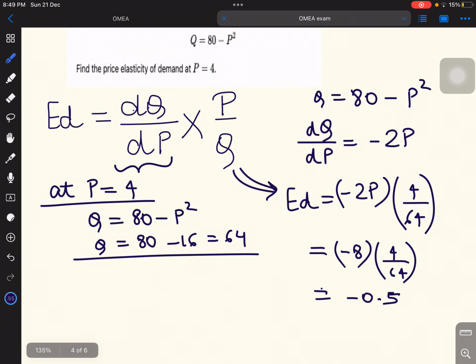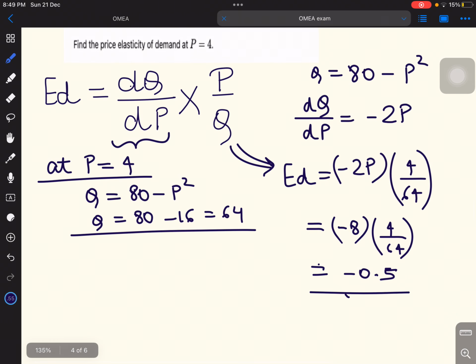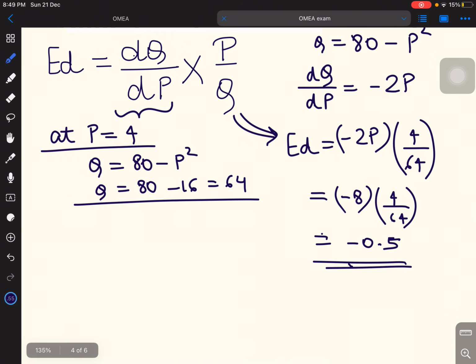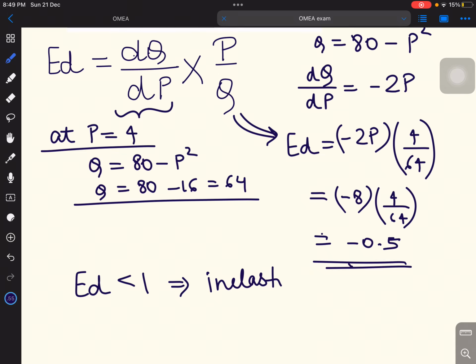Now they could also ask you to comment on what type of elasticity this is. Remember, ignoring the sign, if ED is less than 1, it is inelastic. If ED is equal to 1, it is unitary elastic.